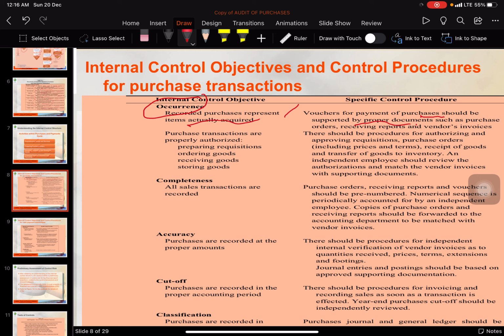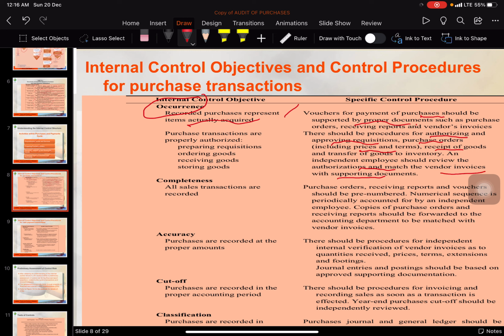Here we can see authorization approving of requisition, purchase order including price and terms, receipt of goods document, and review authorization and match vendor invoices and supporting documents.